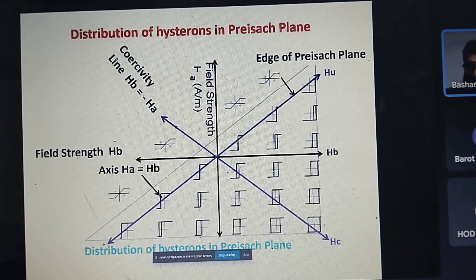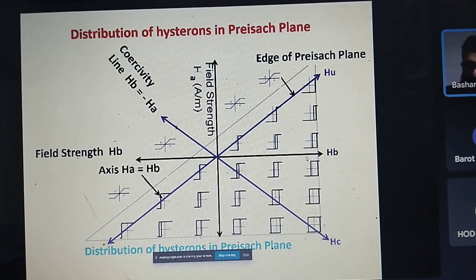The farther the hysteron from the origin, the larger the porosity of that hysteron, and obviously the hysterons to the right of this positive curve show a positive shift, and there are negatively shifted hysterons too.